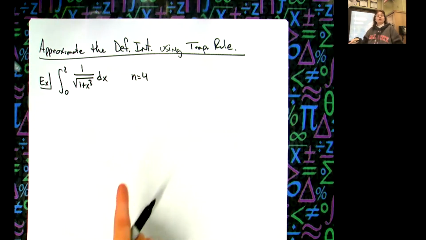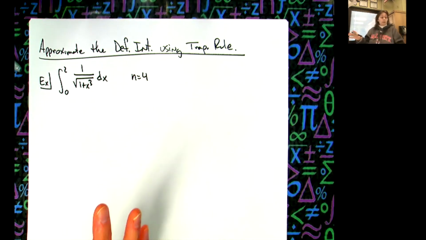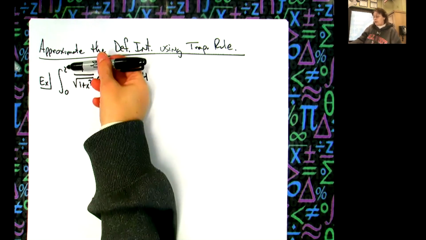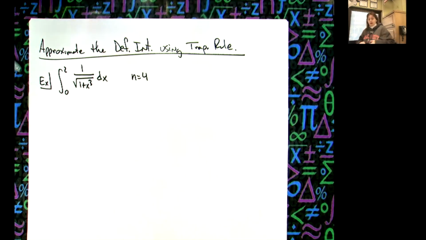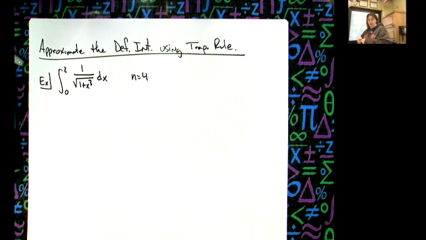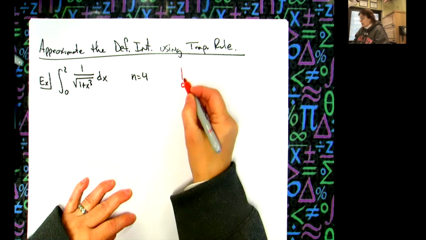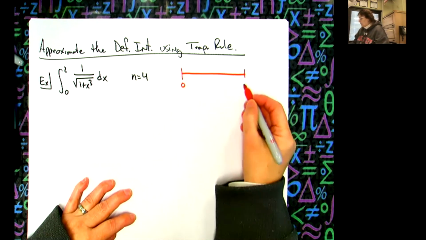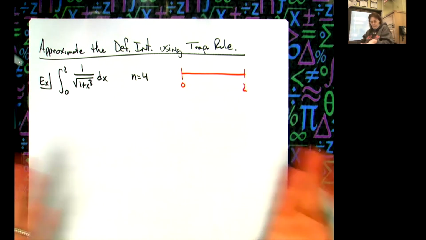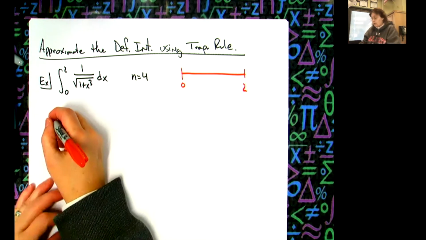So that means 4 subintervals of equal width. Now we're running from 0 to 2 and we need 4 equal intervals. So what do I like to do? We don't need to draw the whole darn picture, but it's nice if we have the little section number line to look at. So here's 0, we're going up to 2. Now I could do the math to find the delta x if I want, or you can just divide it up into 4 equal ones, but let's assume we're showing the math here.